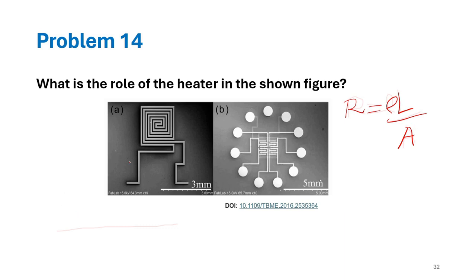So that's why, instead of having a very long wire like this, we have folded the wire in such a fashion that it will occupy less area, but it will have large length. So that's why the heater design is like this. Okay, so if you follow the line, it is folded. So this is one terminal and this is the other terminal.